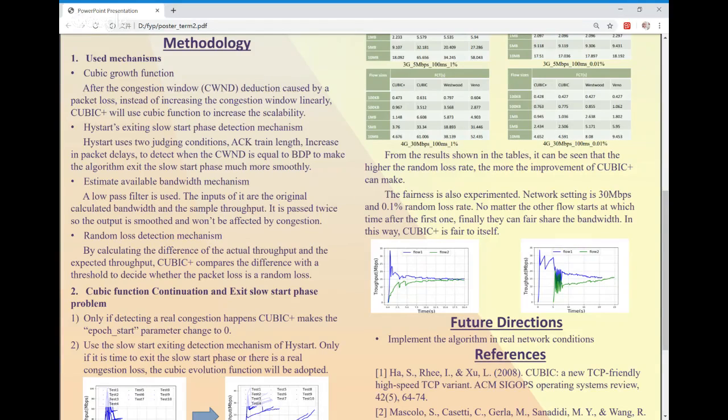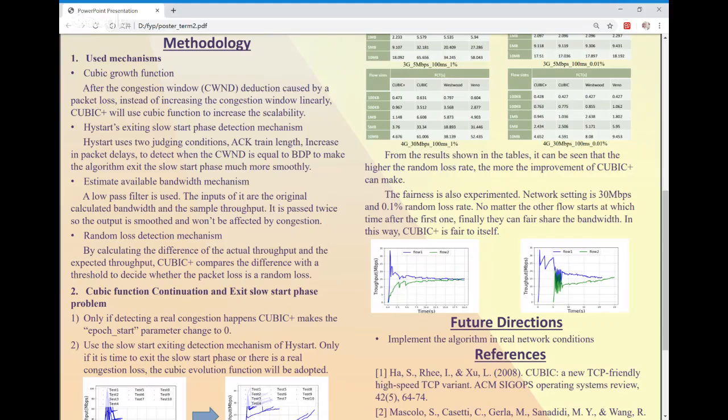As for the second one, it is the high start mechanism that can tell us what is the time to exit the slow start phase. Cubic high start is an improved version of TCP cubic. In the original cubic, in the slow start phase, it will grow the congestion window exponentially.